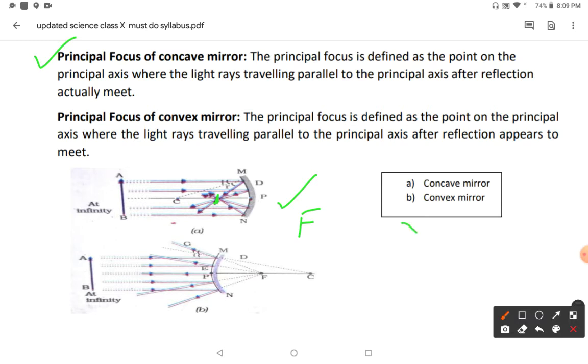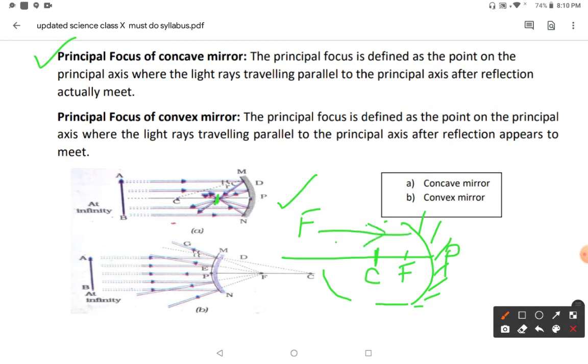For example, this is the concave mirror, and if we draw its different parts, this is the pole P at the aperture of the mirror. If we draw it circular, then there is a center in between, which is called the center of curvature, and between C and P is the principal focus. The straight line passing through P, F and C is called the principal axis.